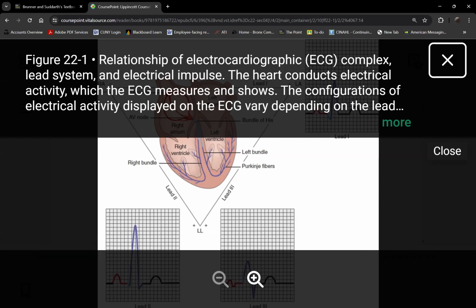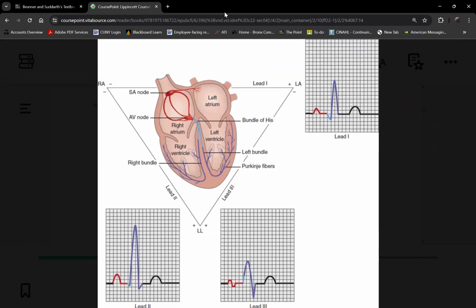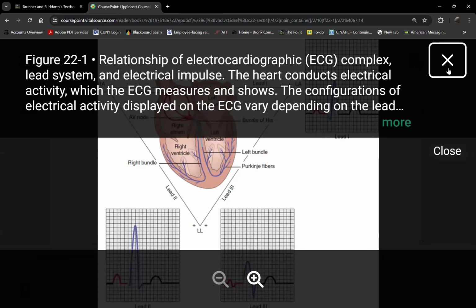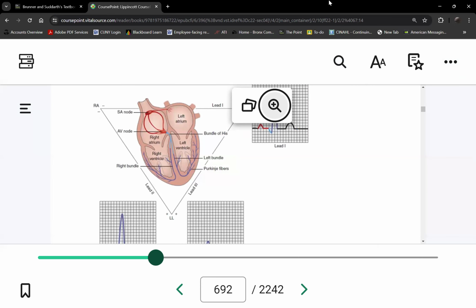But because the left arm is bipolar, meaning it carries 2 leads, okay, not just 1, it carries both positive and negative.